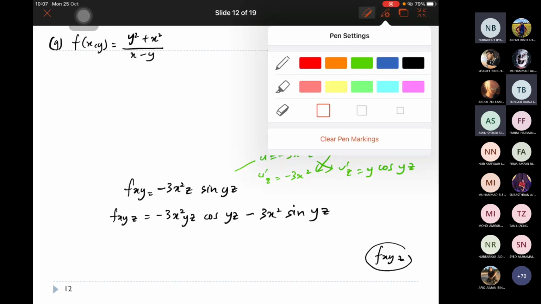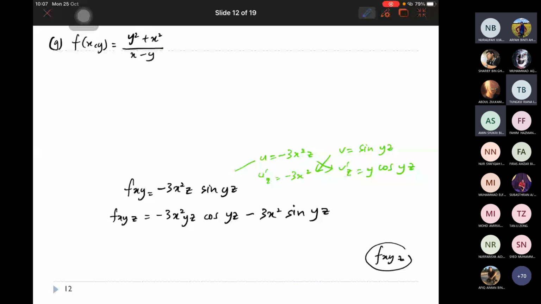Okay. So from here, directly take u equal to y squared plus x squared. Okay, u prime x will equal 2x.